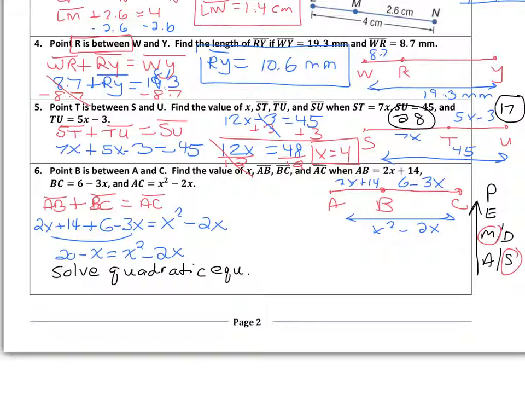A quadratic takes the form of ax squared, where a is just a coefficient, plus bx, where b is just a coefficient, plus c. And to solve that, you want to get everything on one side of the equal sign equal to 0. I do have a video on reviewing all the quadratics, so I can't go into everything here.